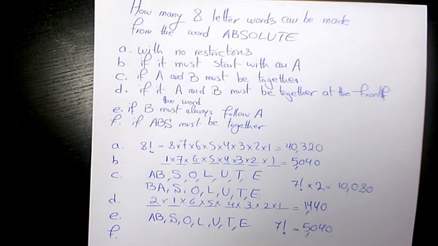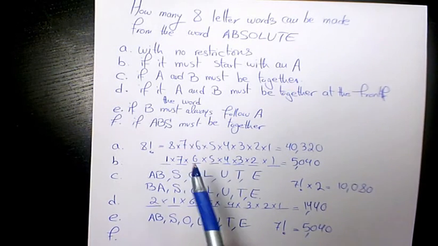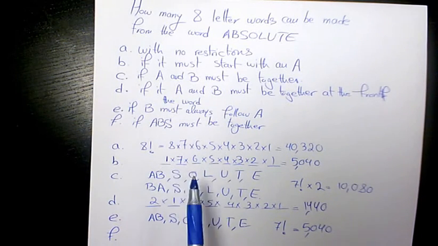Next one, if ABS must be together. So ABS, 3 letters.